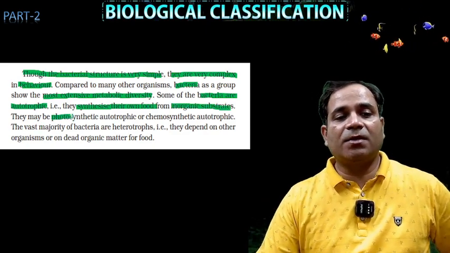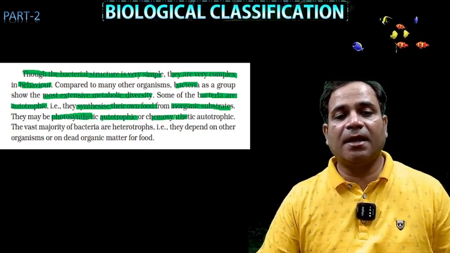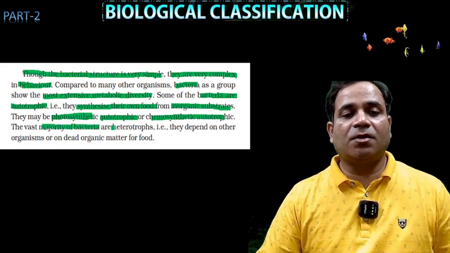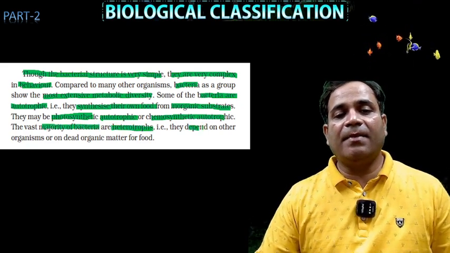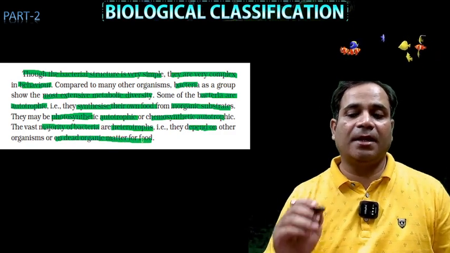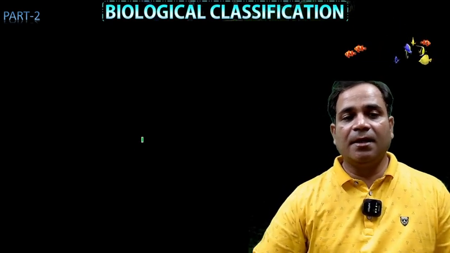They may be photosynthetic autotrophic, or chemosynthetic autotrophic. The majority of bacteria are heterotrophs. They depend on other organisms or eat and decompose organic matter. Clear, my dear? This is the point I told in the previous slide also.